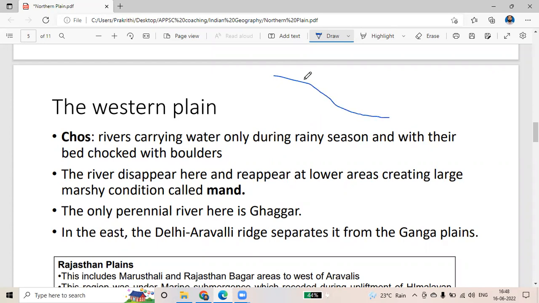So the Ravi and the other rivers, the tributaries of the Indus, when they are coming, will start depositing pebbles and cobbles at some point. Here it will deposit.